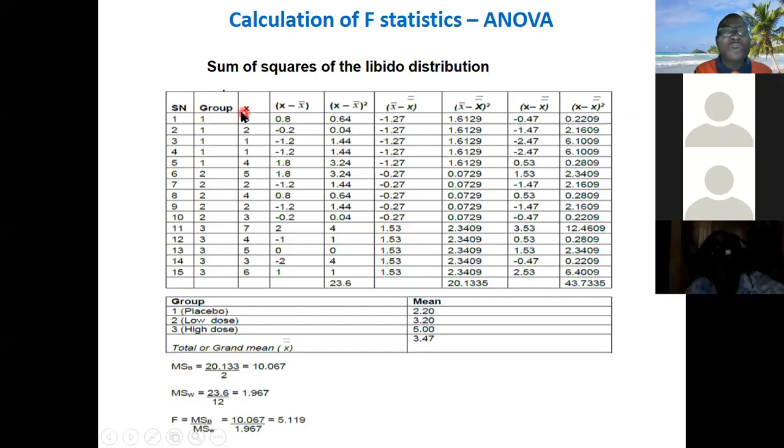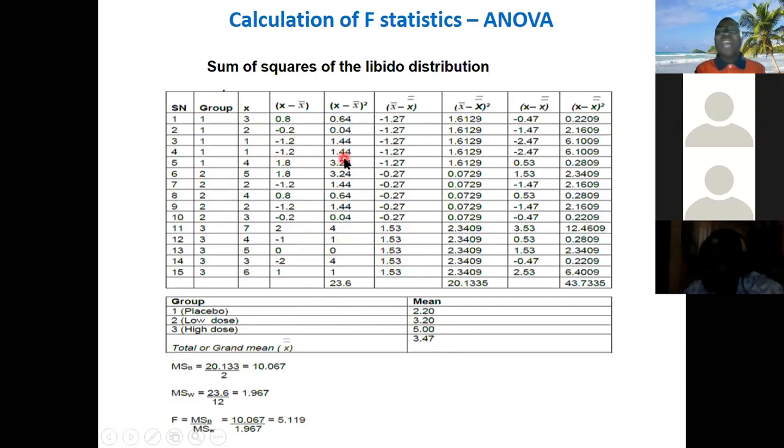We remove 2.2 from each value from 1 to 5, and it gives us this. From group 2, which is 6 to 10, we remove the mean of group 2, 3.2, from each of them, it gives you all these values. From group 3, which is 11 to 15, you remove the mean value, which is 5, from each of them. You will see some give positive, some negative. If you add them together, it gives you 0.